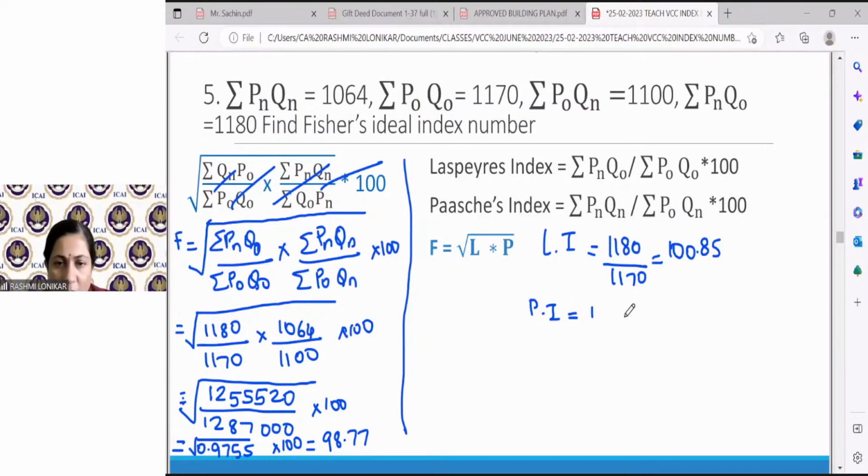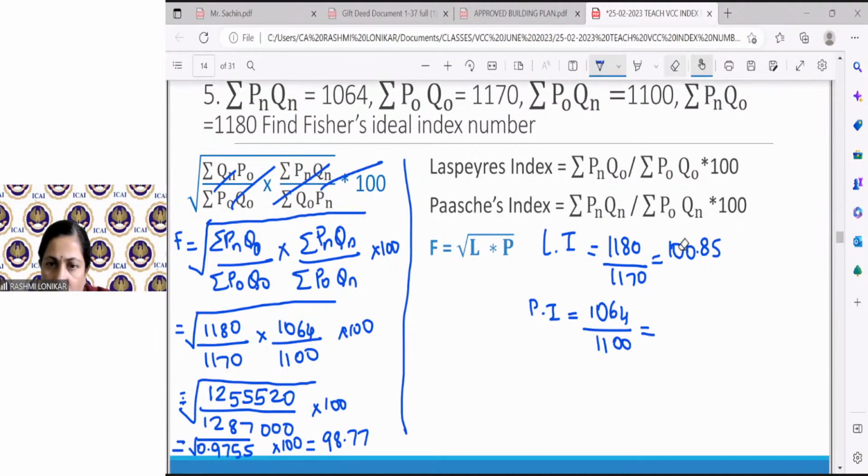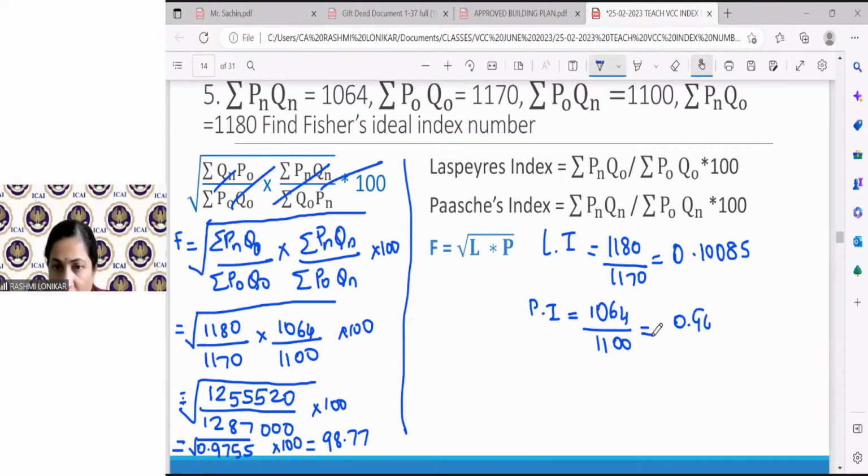Partial is what? PnQn. PnQn is 1064 upon P0Qn, 1100. 1064 divided by 1100 is equal to 0.9673.